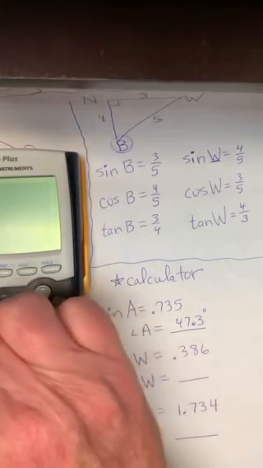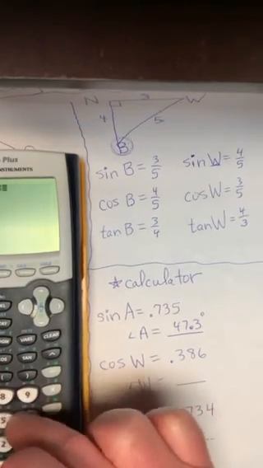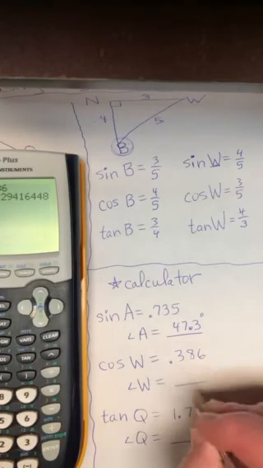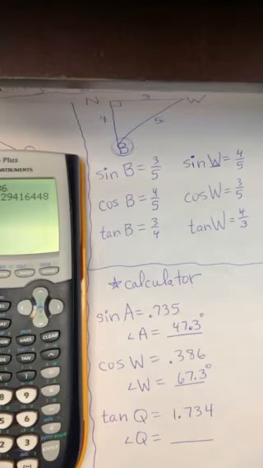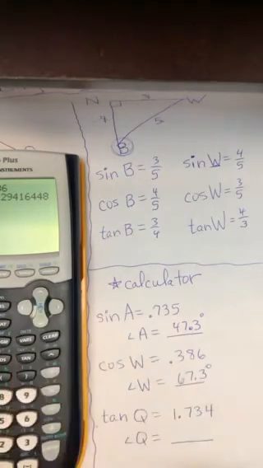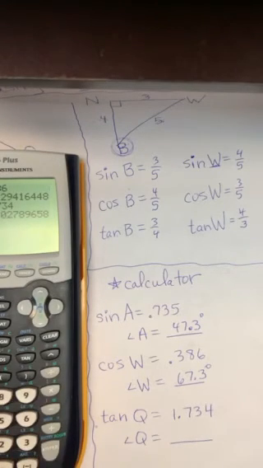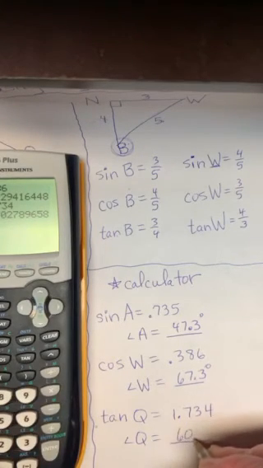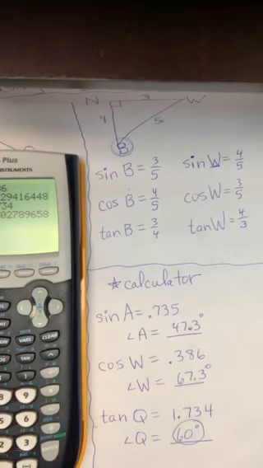So we're hitting second cosine, 0.386, and getting 67.3 degrees. And finally, I wonder how big angle Q is. I'm looking for a missing angle, so I hit second tan, 1.734, and I get 60.02, so basically 60 degrees.